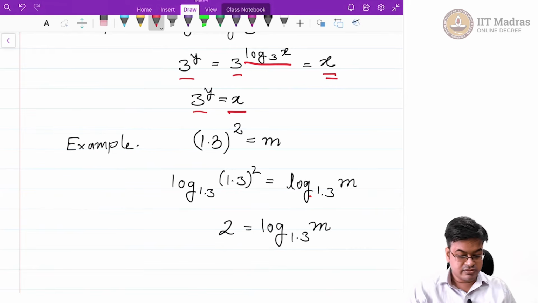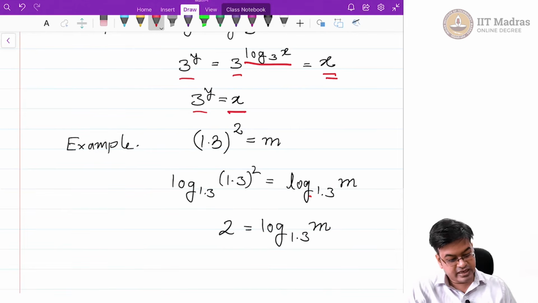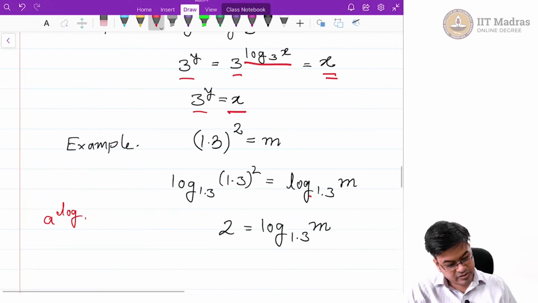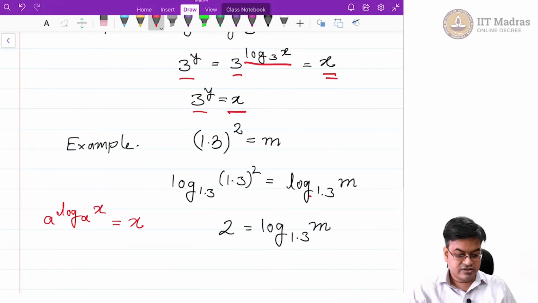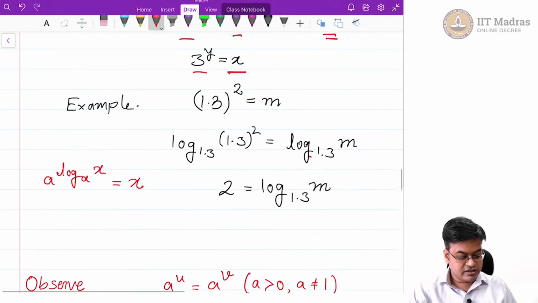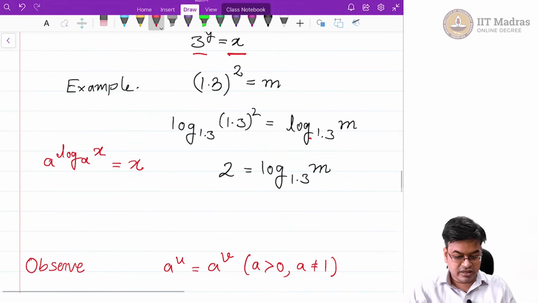Why is it so? Because we have taken the log of 1.3 squared, so this is like a raised to x, and a raised to log to the base a of x is actually x, right? So you will get the number 2 naturally. So this is how the log helps.